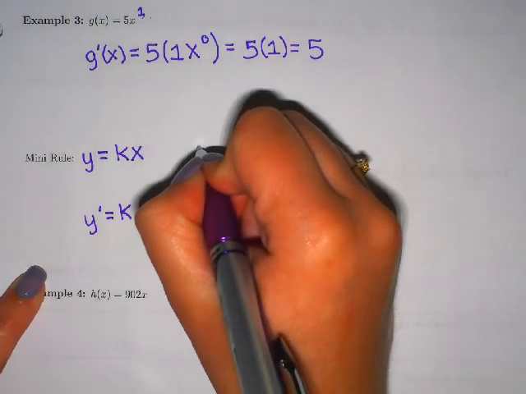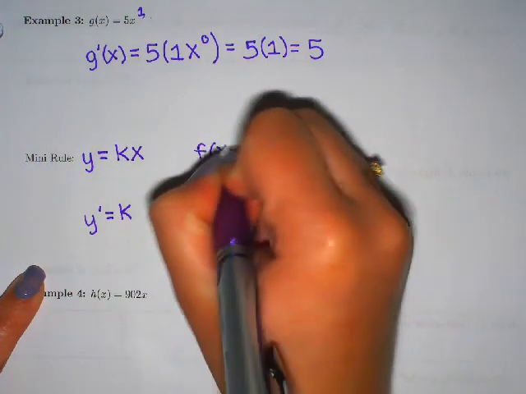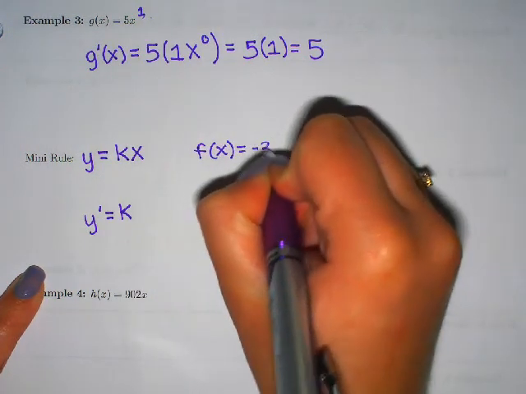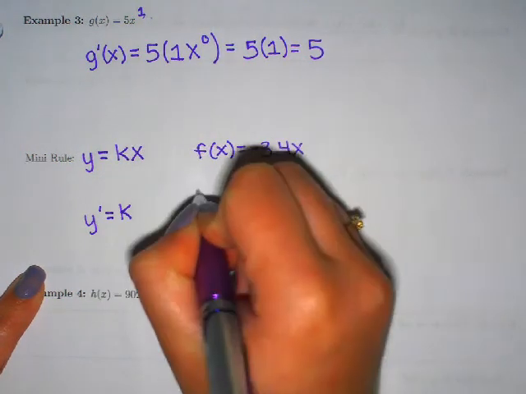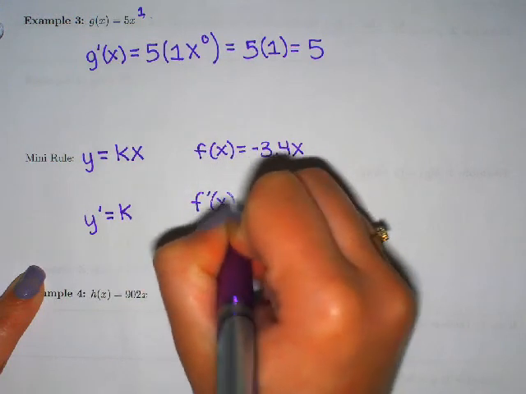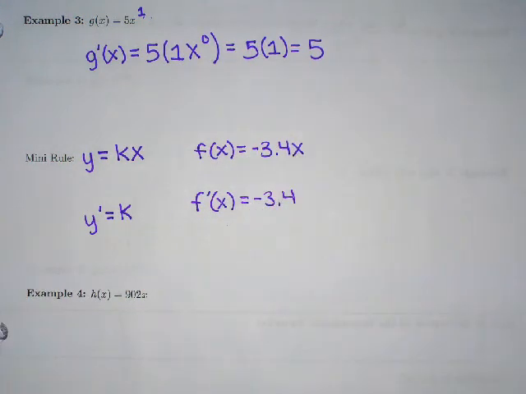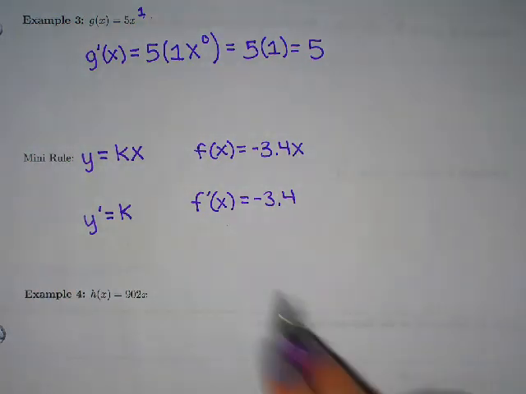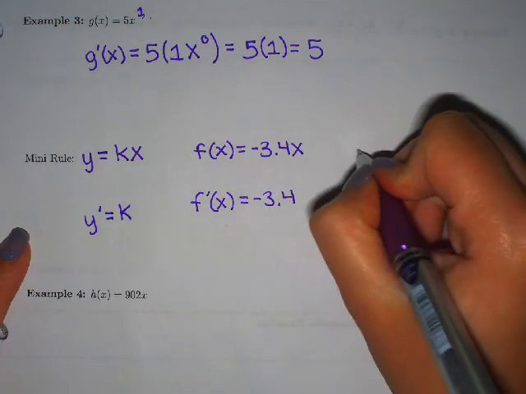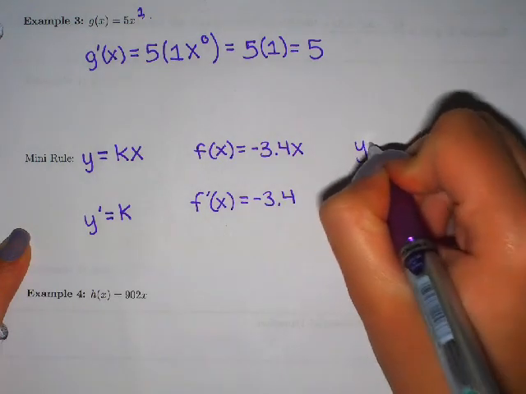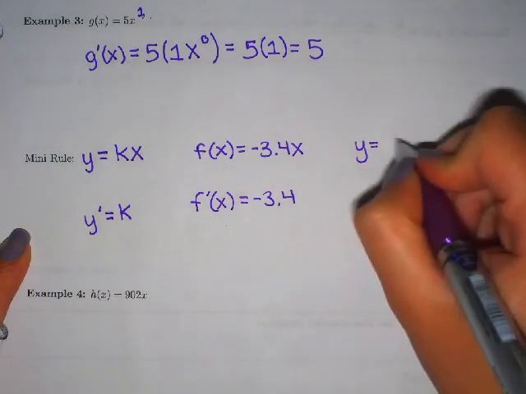We can do some extra examples here. If we had f of x is negative 3.4x, the derivative would be negative 3.4. Because you bring down your power, which is 1, and then you have x to the 0, which is also 1. So negative 3.4 times 1 is going to stay negative 3.4. Just to really drive it home for you, let's do one more.